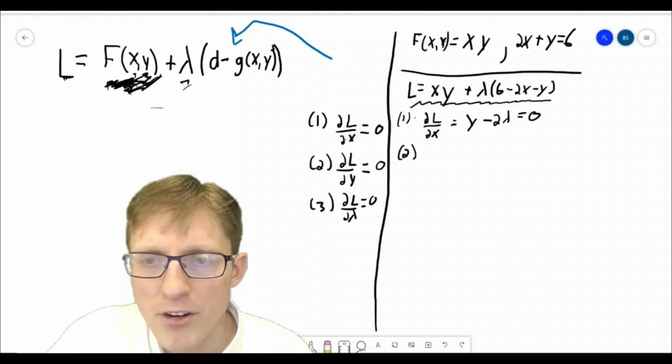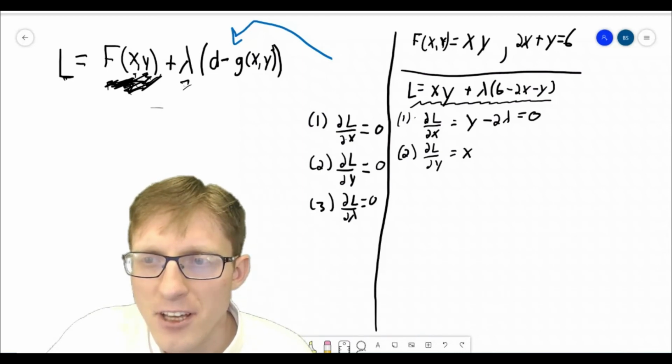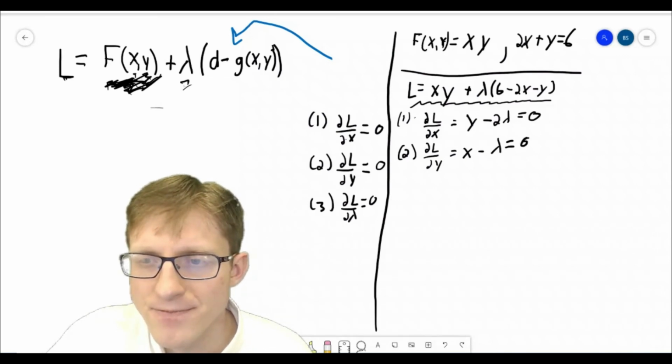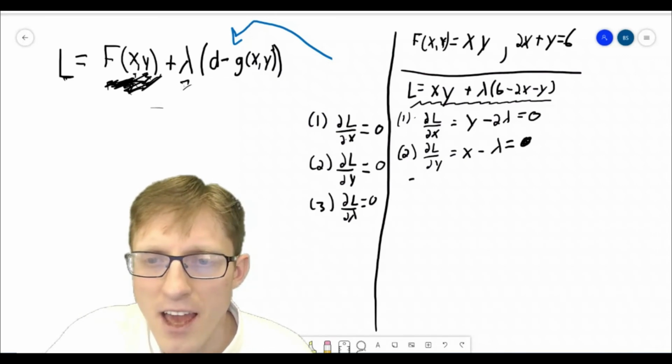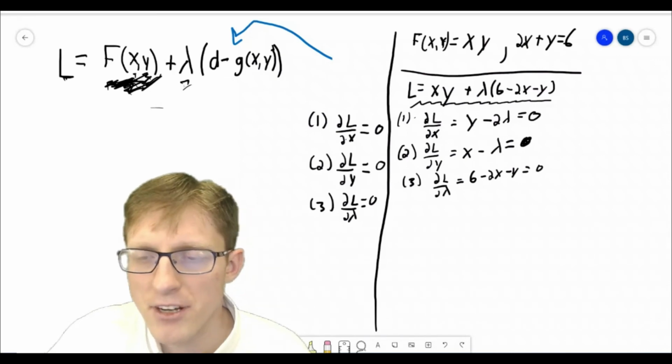The second partial derivative is the partial derivative with respect to y, and that gives us x minus lambda equal to 0. The third partial derivative is the partial derivative of the Lagrangian with respect to lambda, which just returns the constraint: 6 minus 2x minus y is equal to 0.